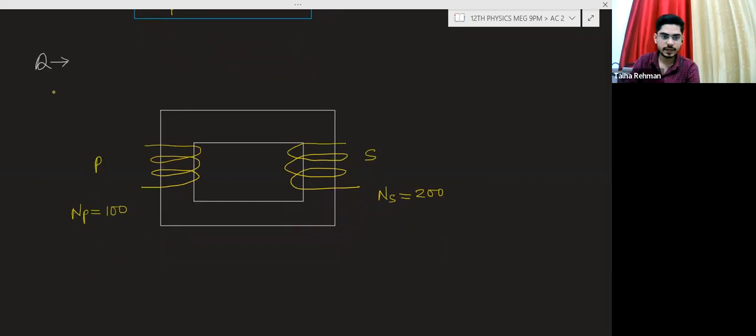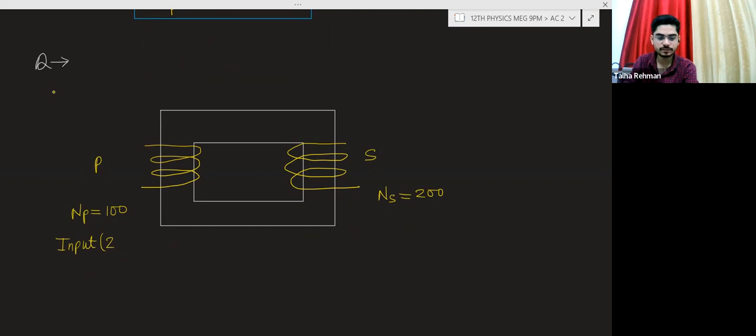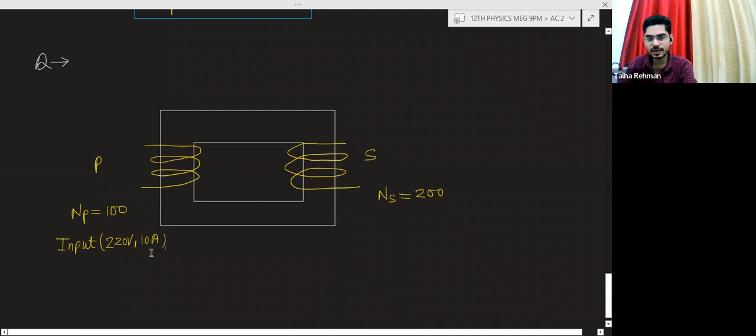Okay, here input means input voltage and input current is given. So input voltage is 220 volt and input current is 10 ampere. What is the meaning of this? In this primary coil, the current is 10 ampere and the peak value of the voltage is 220 volt.